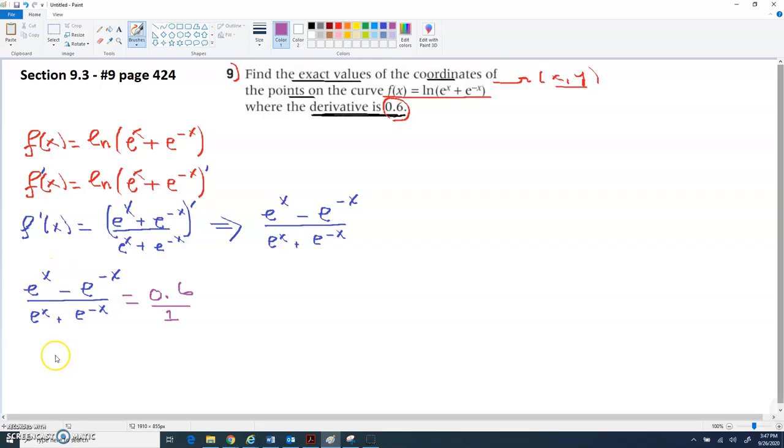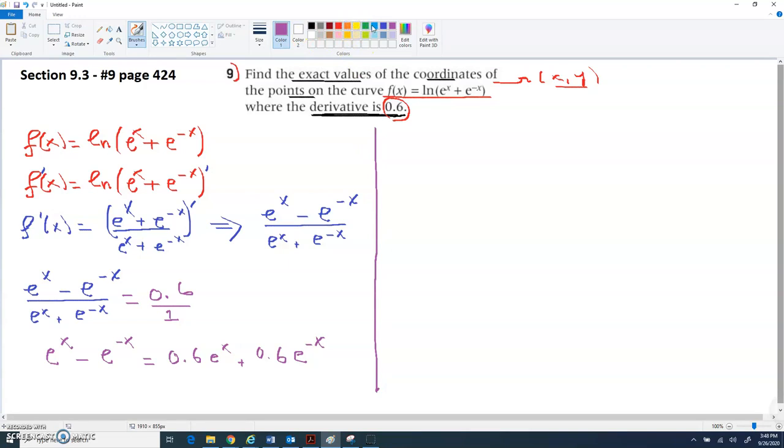So e to the x times 1 is just e to the x, minus e to the negative x times 1, which is just e to the negative x, equals 0.6 e to the x plus 0.6 e to the negative x. I'll put a line through this so we can finish it up on the right side.